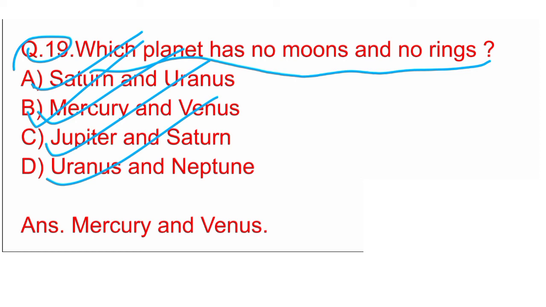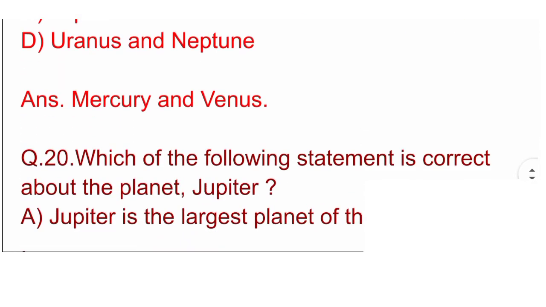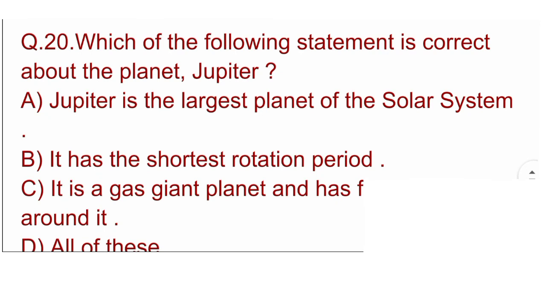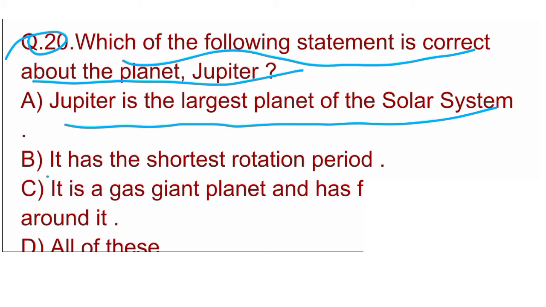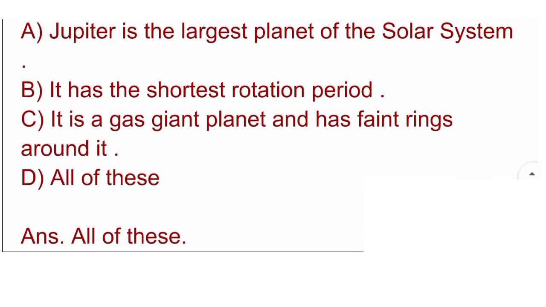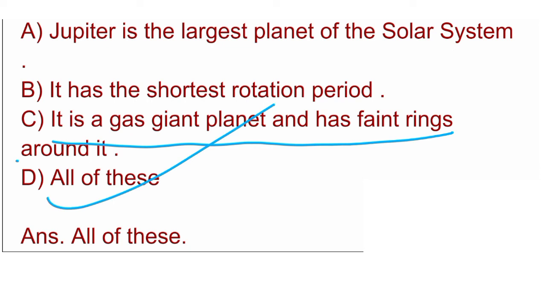Question number 20: which of the following statements is correct about the planet Jupiter? Option A, Jupiter is the largest planet of the solar system; B, it has the shortest rotation period; C, it is a gas giant planet and has a faint ring around it; D, all of these statements are correct. So the correct option is D, all of these.